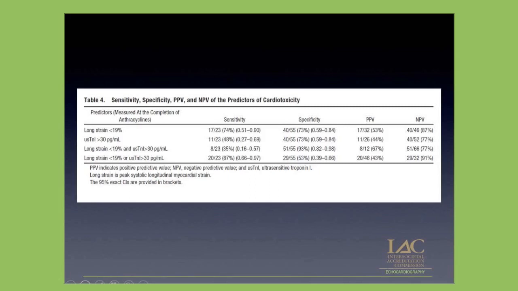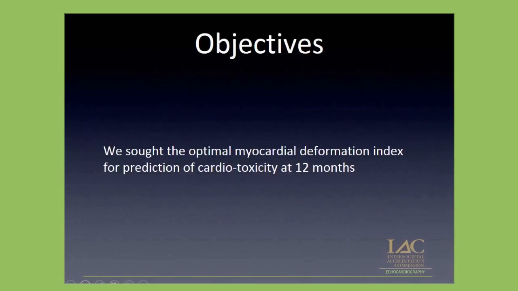Now, you may imagine that the problem of using these arbitrary cutoffs of -19 in this case is that it will be different depending upon the machine that I will use. And probably you guys have heard a lot about the vendor dependency of global longitudinal strain. So when I was at Cleveland Clinic with Tom Marwick, we said, what if we use a different strategy?